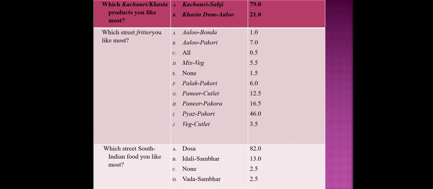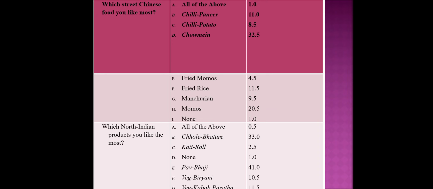Then in kachori products, kachori sabzi topped with 79%, 40%. Then in fritters, onion fritters topped with 46%. South Indian foods, dosa topped with 82%. Then Chinese food, chow mein topped with 32.5%. After that, momos with 20.5%. In North Indian products, pav bhaji topped with 41%.